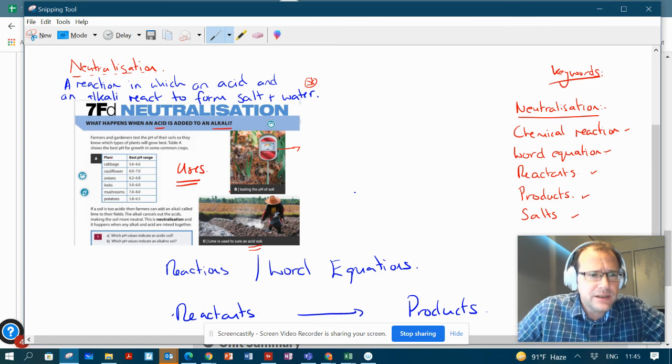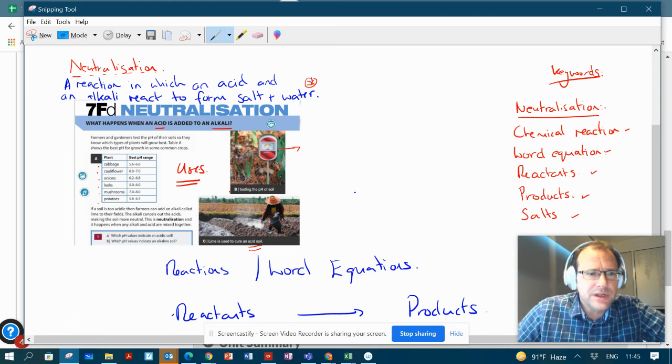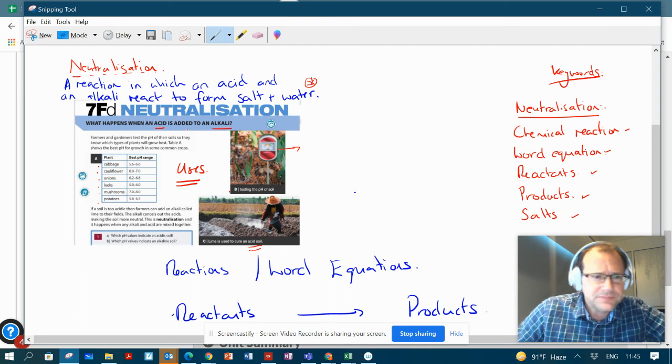So you can see here, look, this table here tells us the range of pHs that plants and organisms prefer to use. I mean, we can see which ones prefer acidic, slightly acidic, or slightly alkaline soils. So have a look here and see if you can tell.